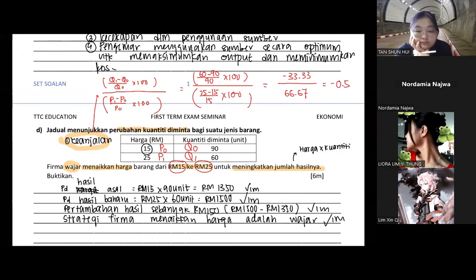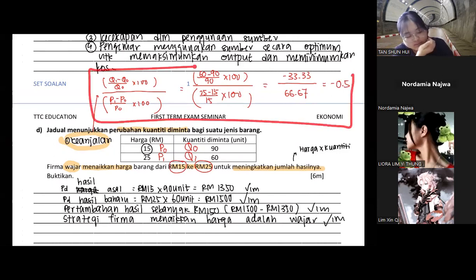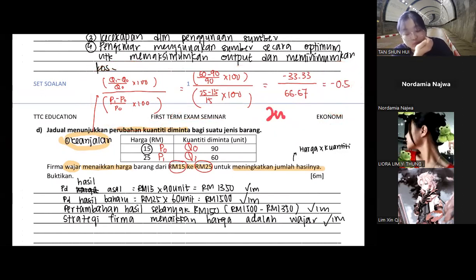Now in the exam, this part, from the formula to the answer, the whole part is worth 2 marks. So you see 1, 2, 3, 4, 5, 6, your 6 marks are here.